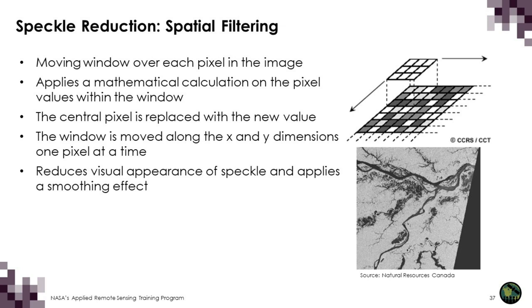And if it doesn't hurt you to reduce spatial resolution, then you can use a larger window. But in the end, if you're running, say, classification, that speckle, that graininess will translate into your final product. Another way to reduce speckle is to do a time series averaging. So if you have multiple radar images, you can just average them, and that will also reduce the speckle and preserve your original resolution.